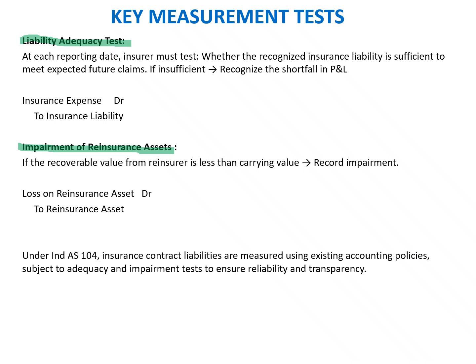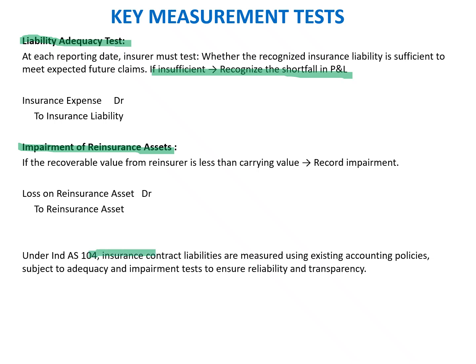In the liability adequacy test, at each reporting date, the insurer must test whether the recognized insurance liability is sufficient to meet the expected future claims, and if there's a shortfall, it has to be recognized in the P&L. But the impairment of the reinsurance asset is aligned with Ind AS 36. So whenever there are triggers, we have to do that impairment testing and pass the necessary impairment entries. This is that impairment testing output.